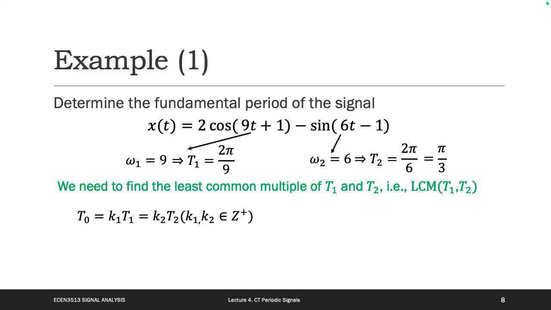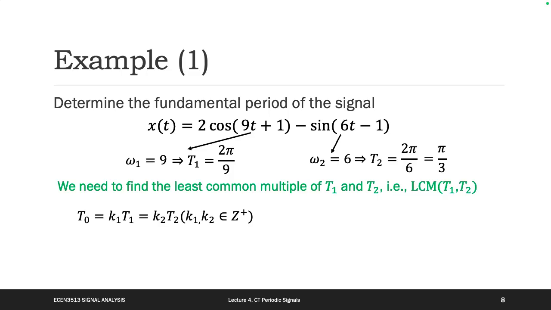Okay, let's talk about how to find the LCM of T1, T2. If we want to find the fundamental period, it should equal K1 T1, also equal K2 T2. That makes sense to you? We should find the least common multiple of T1 and T2. The most important thing is that we need to find K1 and K2.